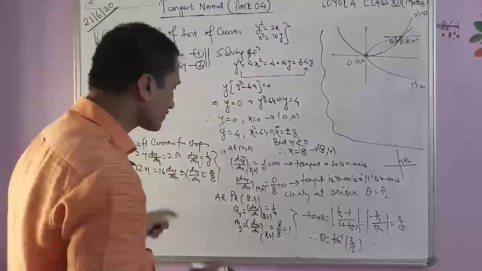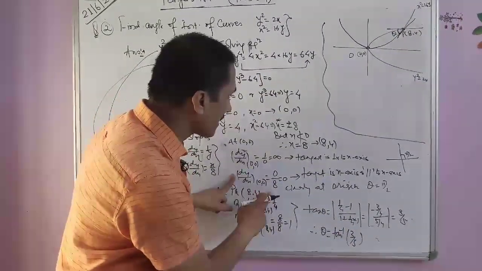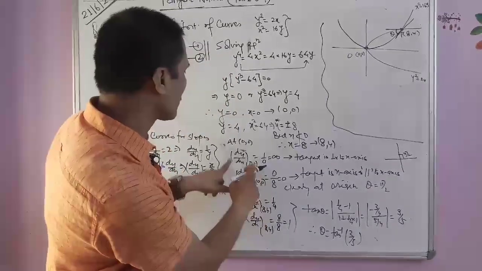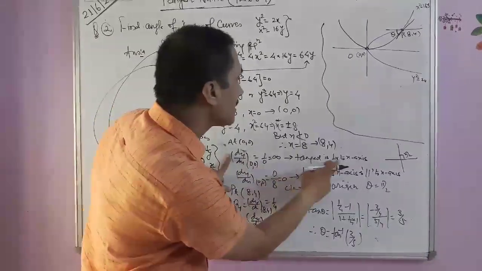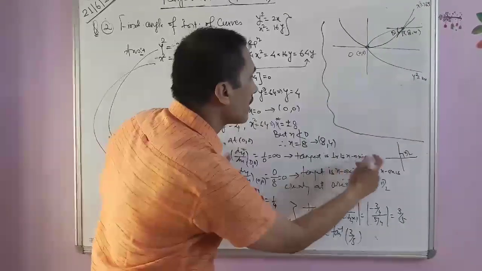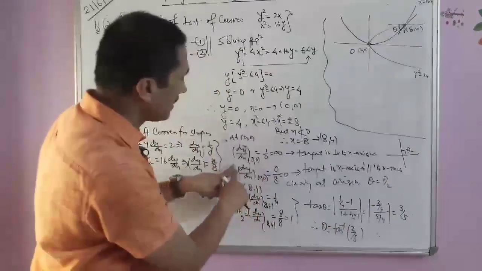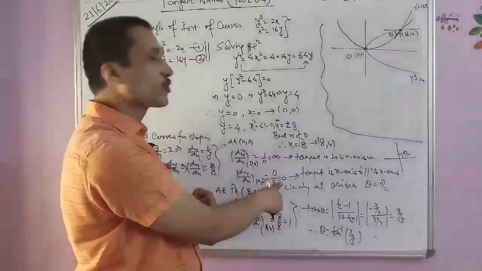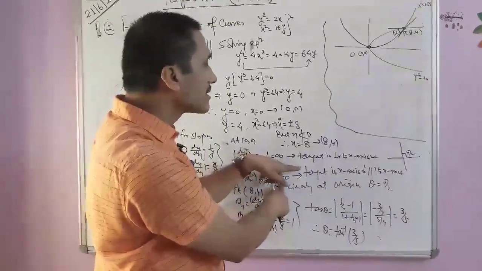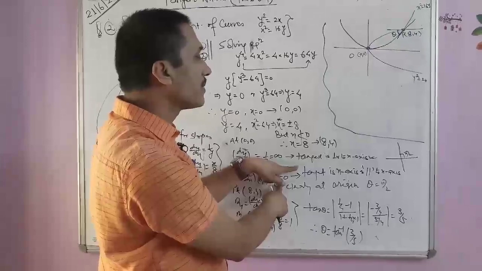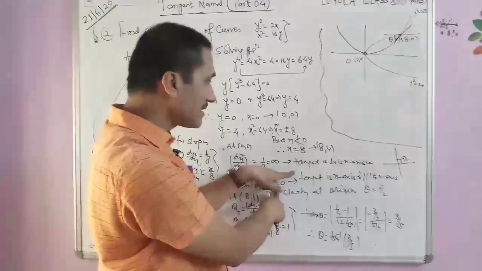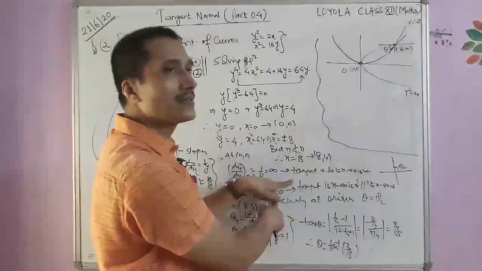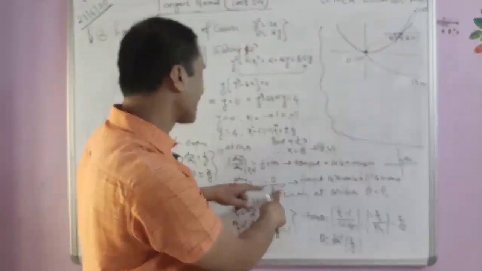Here dy by dx at (0, 0) for one curve: the tangent is perpendicular to the x axis. For the other, dy by dx at (0, 0) is 0, the slope is 0. In such a case, the tangent will be either parallel to the x axis or the x axis.